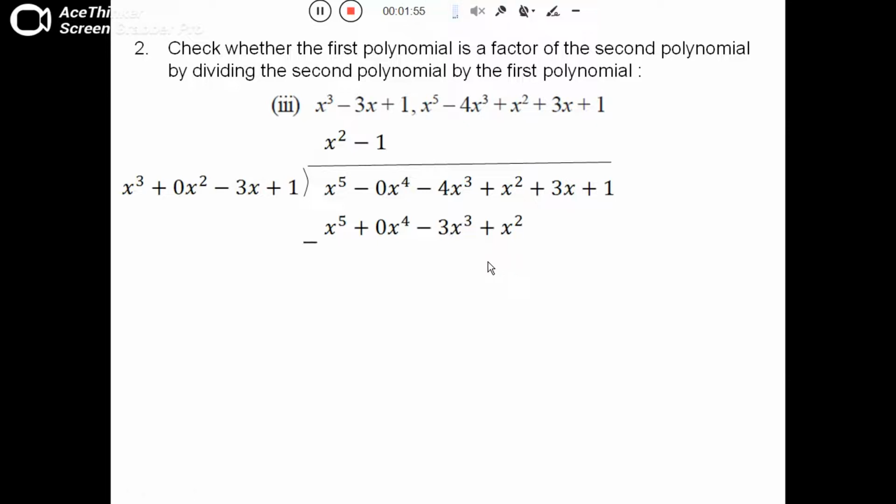Let us subtract this after changing the sign of this product of quotient and divisor.